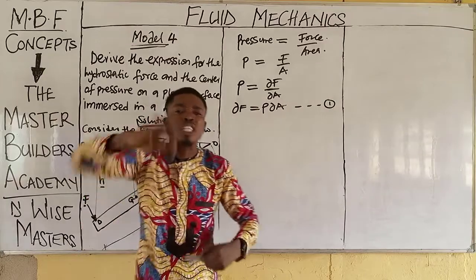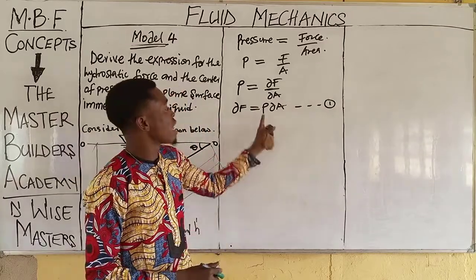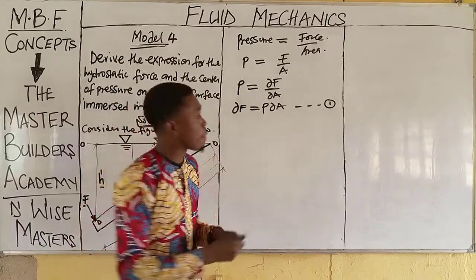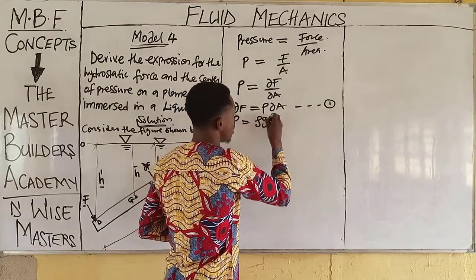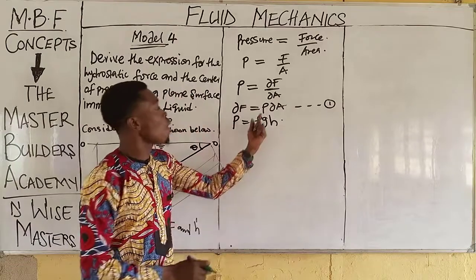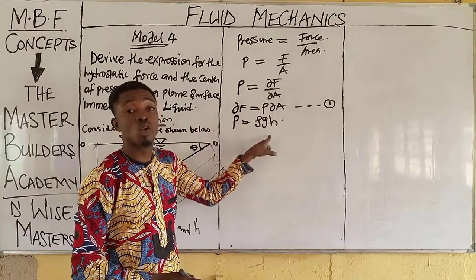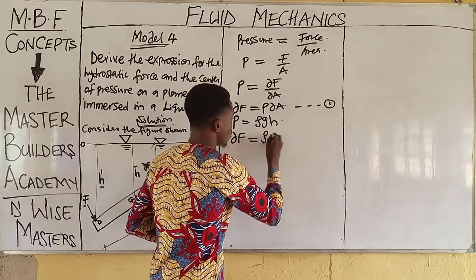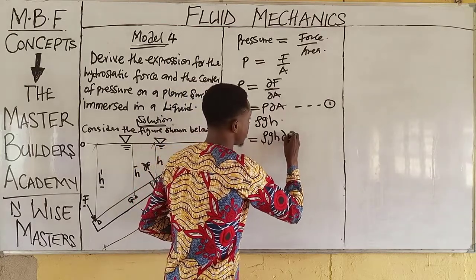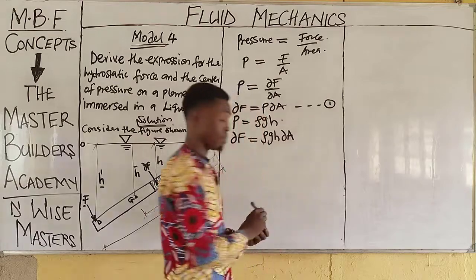For equation 2, we know earlier on that pressure is given as rho g h, so all we need to do is replace pressure with rho g h. Therefore, dF = rho g h dA.